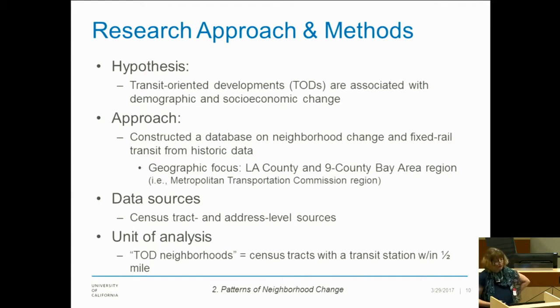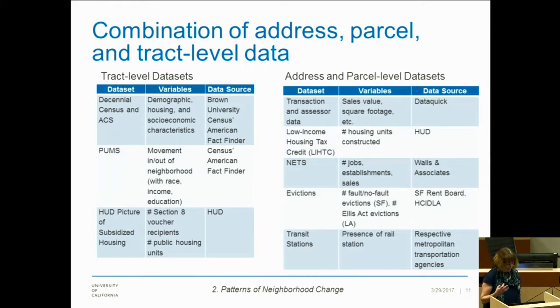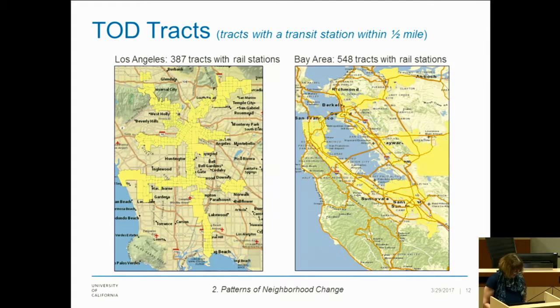Our unit of analysis, our transit neighborhood, if you will, were census tracts, and these were census tracts with a fixed rail transit station within a half mile. And this is the type of data that we collected and joined in our data sets. So we started the study by defining TOD tracts, which we then compare to non-TOD tracts.